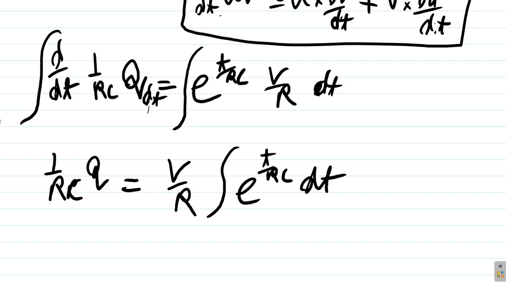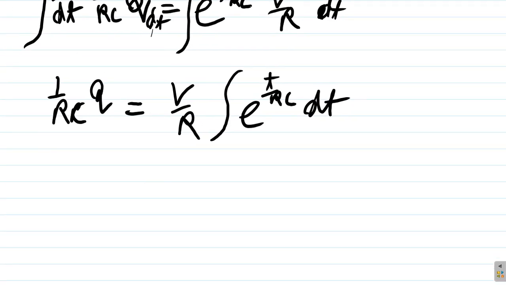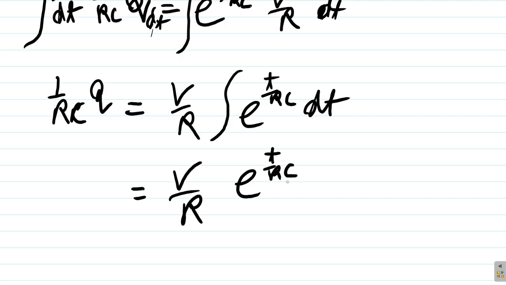Now, when you integrate this, you're going to get v over r times e to the t over rc divided by 1 over rc, right? Plus c, a constant c, or let's call it c1 in case we have to change it. Okay.